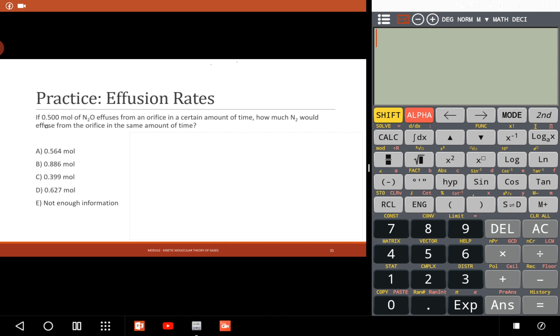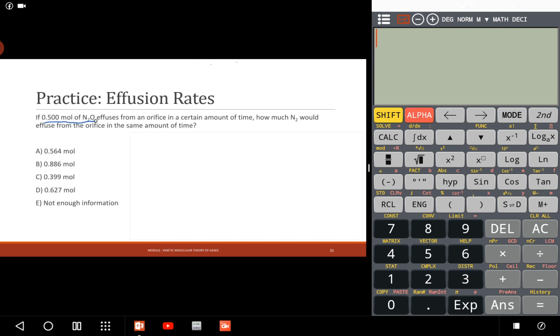Okay, so this problem reads, if 0.5 moles of N2O effuse from an orifice in a certain amount of time, we're not told a specific time, so I'm just going to say that that's time t, how much N2 would effuse from the same orifice in the same amount of time?